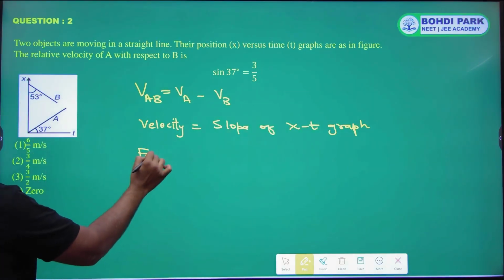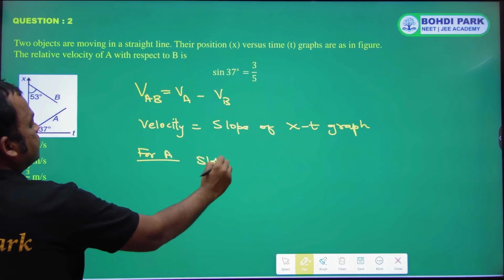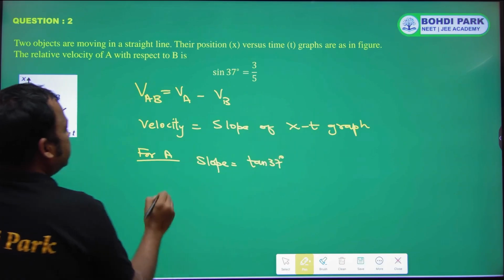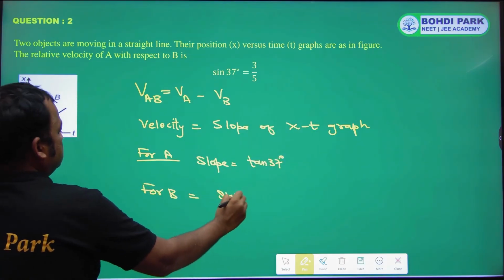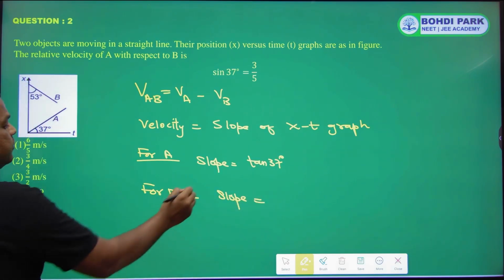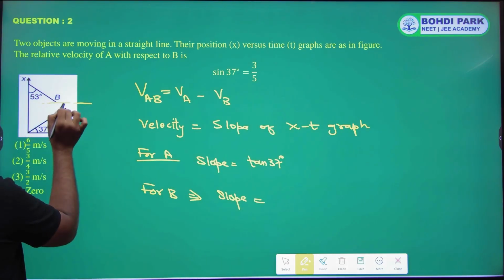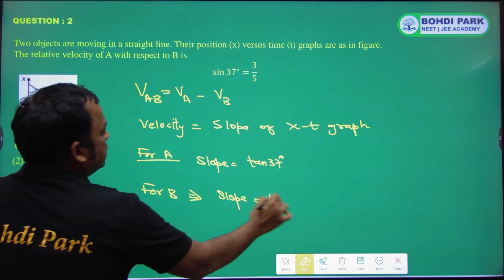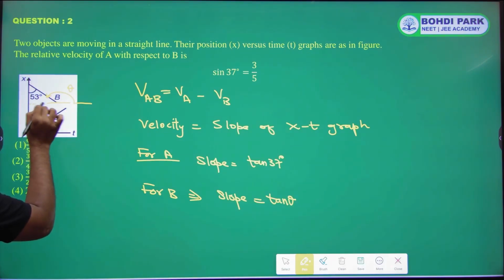So for A, slope is equal to tan 37 degree, and for B, slope is equal to, now see, for B, this is the angle theta. So slope is equal to tan theta, and this is 90 degree.